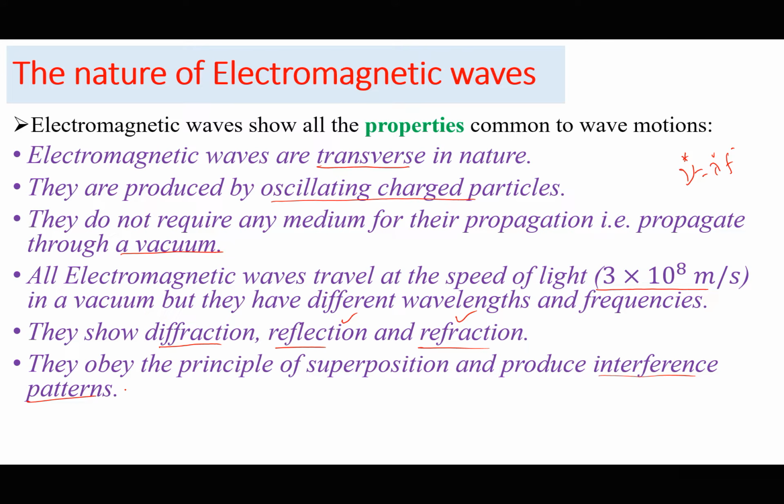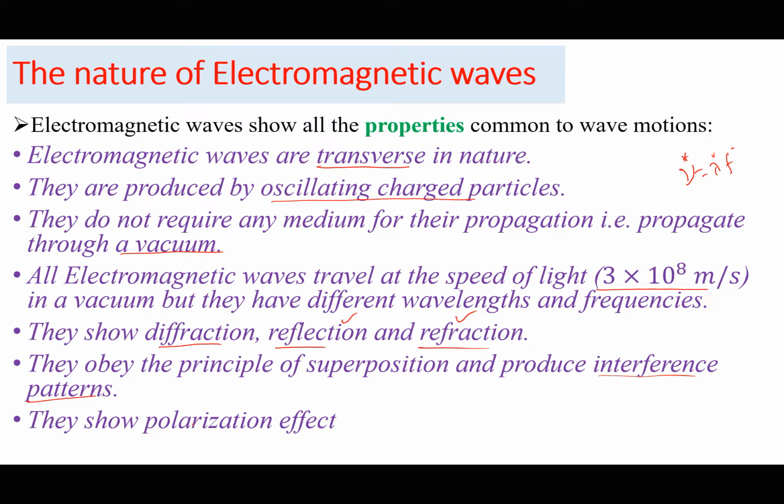However, one property which makes them unique is the last property, which we are going to call polarization. In unit 7.4, maybe in lesson 7, we shall see what we mean by polarization. Polarization is the major property which makes electromagnetic waves different from all the other waves.